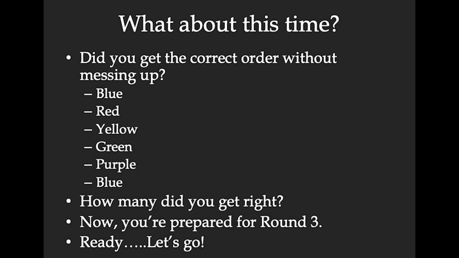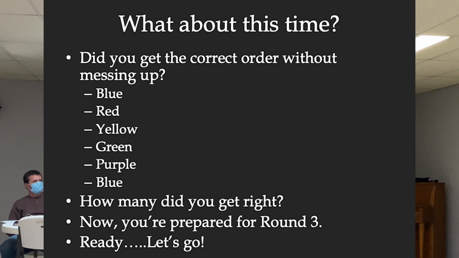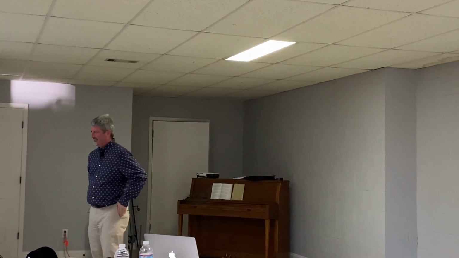Huh? What happened there? By the way, I am terrible at this one. I am truly colorblind. I failed miserably. But what happened there? You read the word instead of looking at the color. Yeah. All right, let's try this one instead.